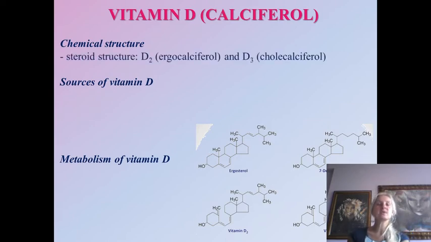You notice that vitamin D has a very specific steroid structure, like we had with the molecule of cholesterol. At the basis of the structure of vitamin D, we have that sterane ring, which is a system of 4 condensed rings, 3 six-membered rings and 1 five-membered ring, and some substituents attached. But we have a lot of similarities with cholesterol.